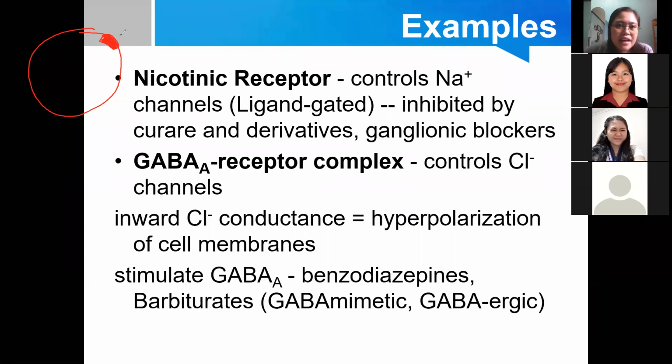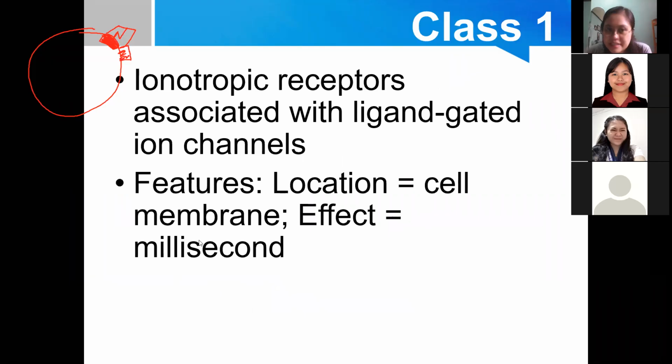Kasi from the name itself, ang drug nga nagabind sa nicotinic receptor kay nicotine. Okay? Pag si nicotine mo-bind sa receptor niya, ang ion channel mag-open. And to be specific, that is your sodium channel. Mao nga ang tawag sa iya kay ionotropic receptor.